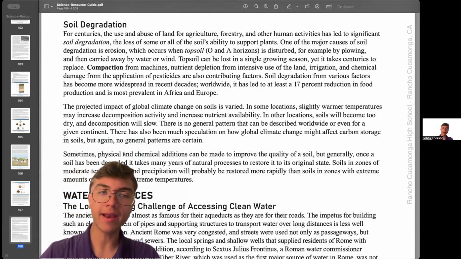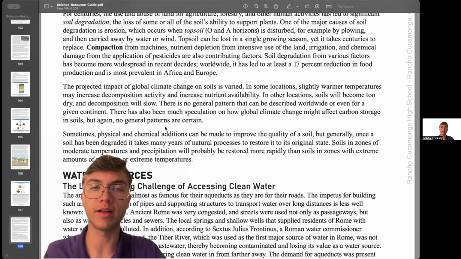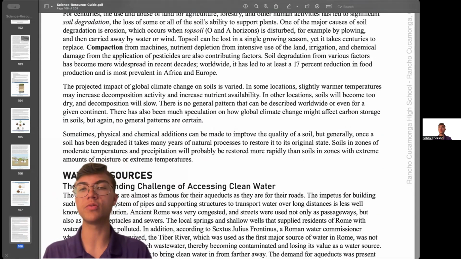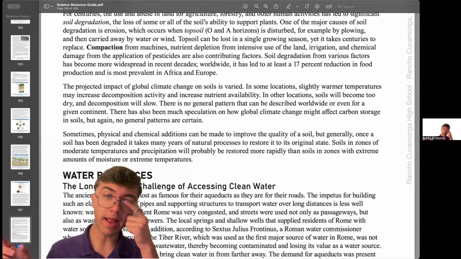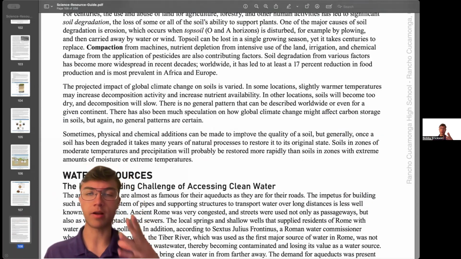Okay, so then finally in our topic of soils here, we can talk about physical and chemical additions, which can be made to improve the quality of a soil. And so we can try to improve the soil, but usually it takes a lot of years for natural processes to restore it.